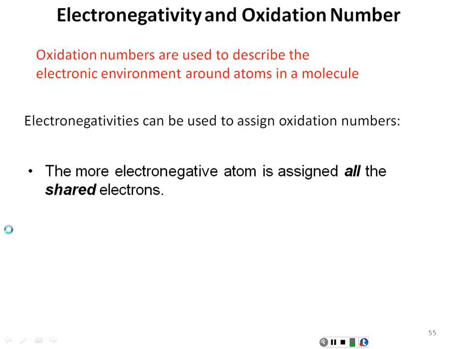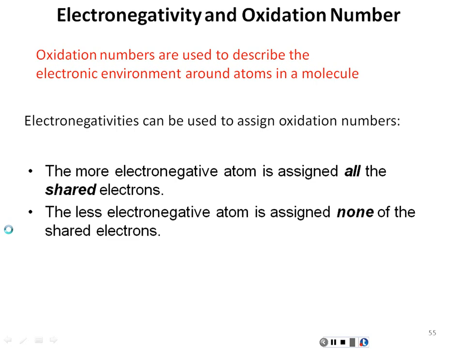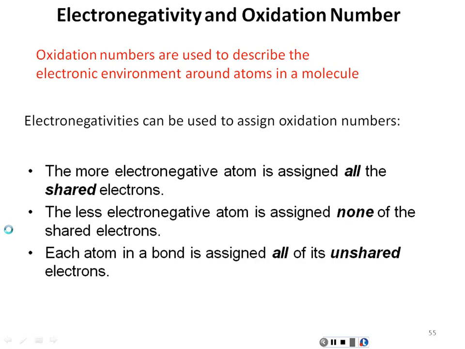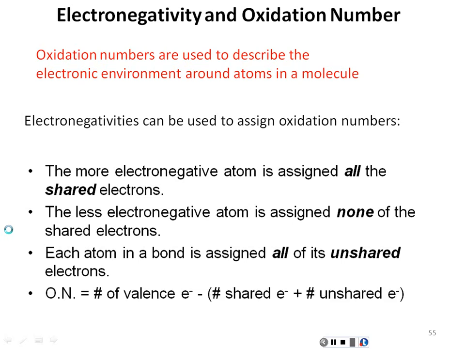It's because the more electronegative atom is assigned all of the shared electrons. And the less electronegative atom in a pair is assigned none of the shared electrons. Each atom in a bond is assigned all of its unshared electrons, so all of its lone pairs.